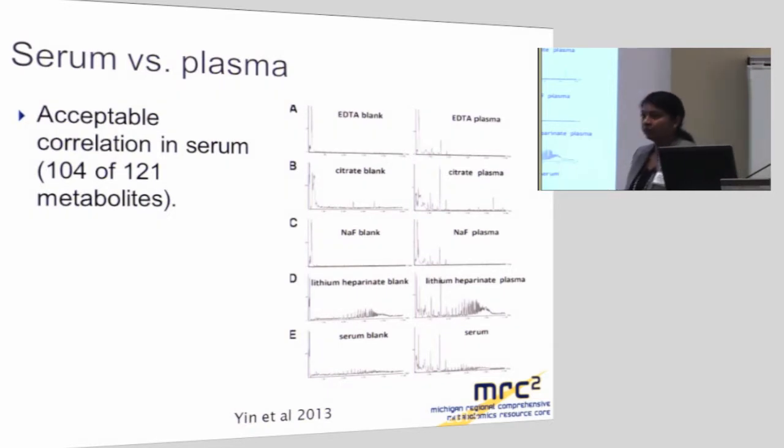Simultaneously, they made a solution of albumin, called it the blank, and collected it in the same tubes. You see the spectrum in these different tubes, and you can see the chemical noise or the artifacts are highest in the lithium heparinate tubes. So the tube choice makes a difference.